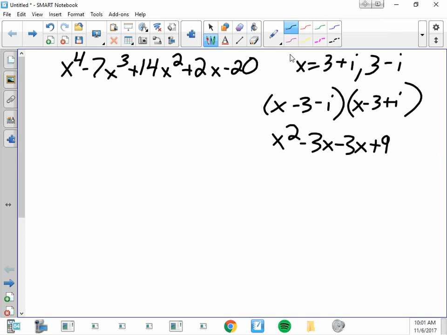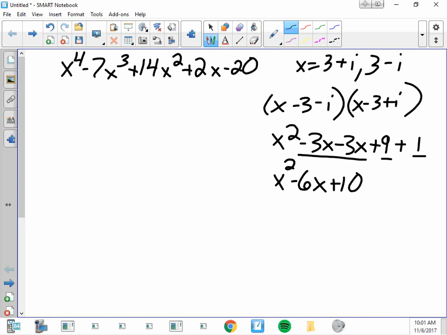And that might seem complicated, but remember the pattern. You always get 2 copies of this, and then the middle term squared and the last term squared. So the more you do these, the less you're going to have to think about what the quadratics really are. That yields x squared minus 6x plus 10.